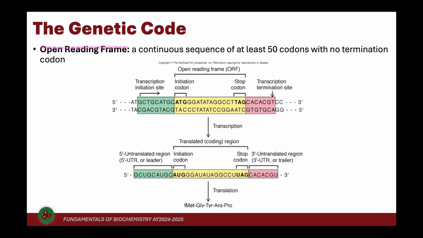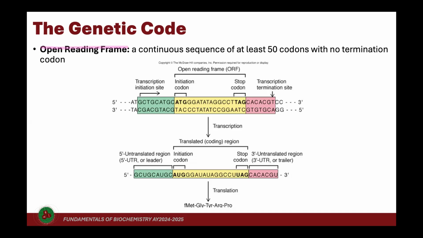If you encounter such a sequence in a DNA, most likely that is a gene. This information is very critical in genome analysis when you are trying to analyze the genome of, for example, a newly discovered organism. You're trying to identify which of these sequences are genes, so you have to look for open reading frames.